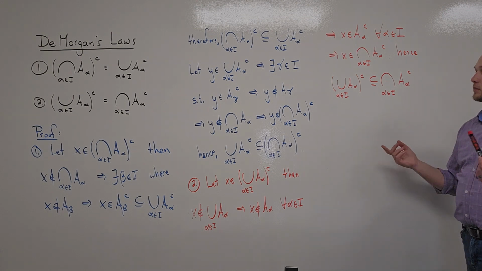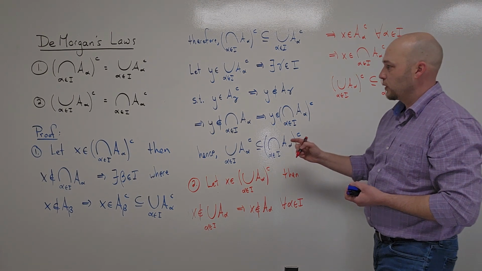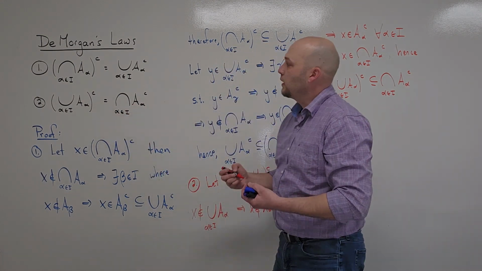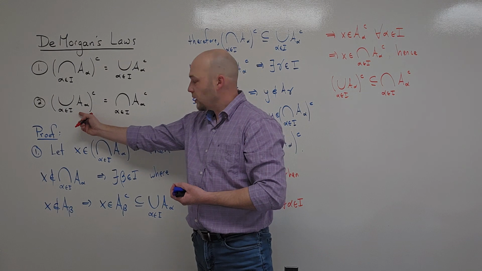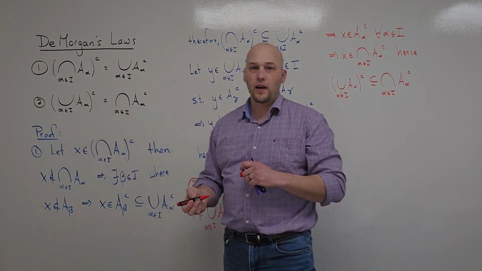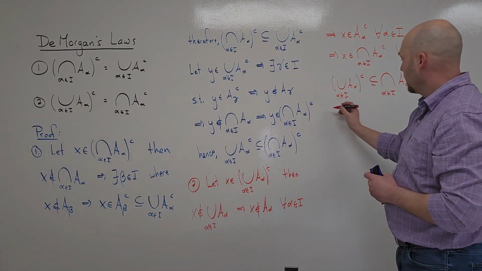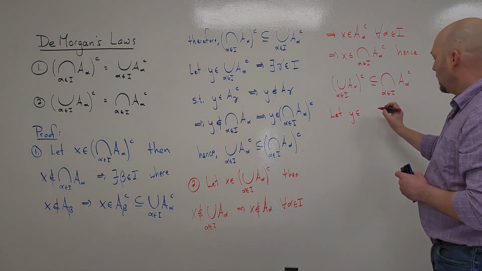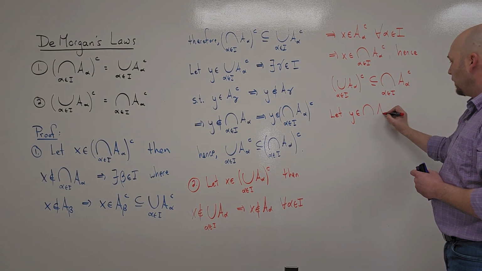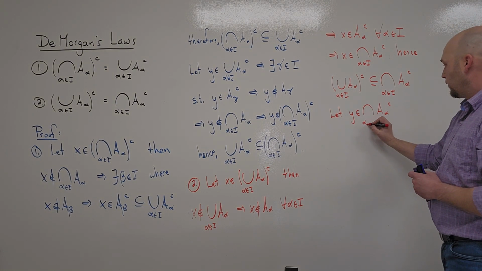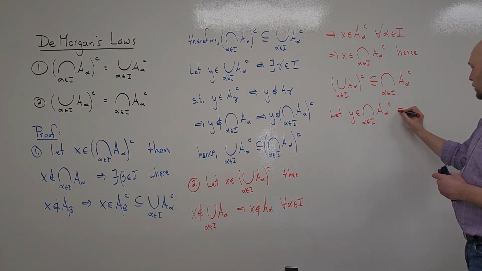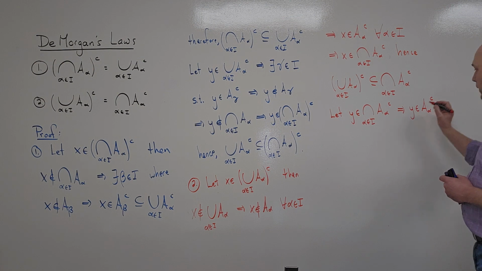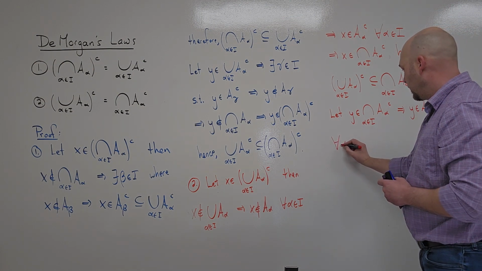And then for the last argument, I'm going to take an arbitrary element in this set and show that it must also be contained in this set. Therefore, this would be a subset of this one, and hence they would have equality. So let Y be an element of the intersection of A alpha complement, where alpha ranges over I, which means that Y is an element of A alpha complement for every index value.